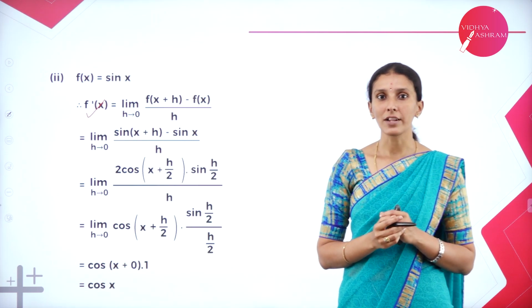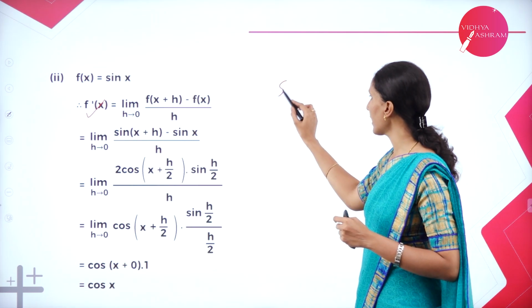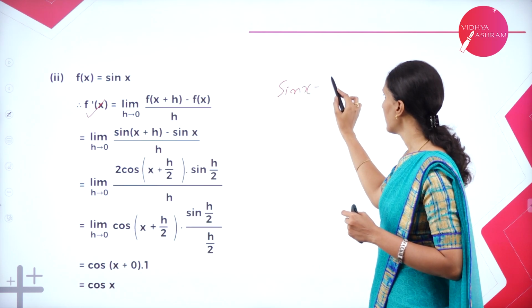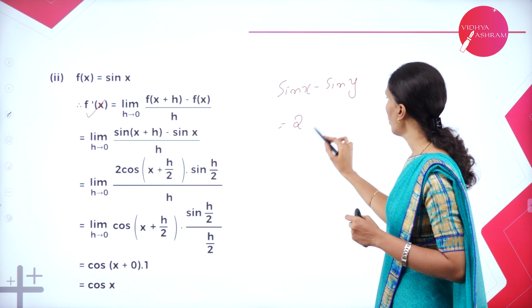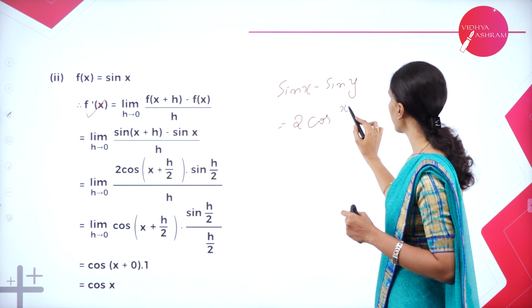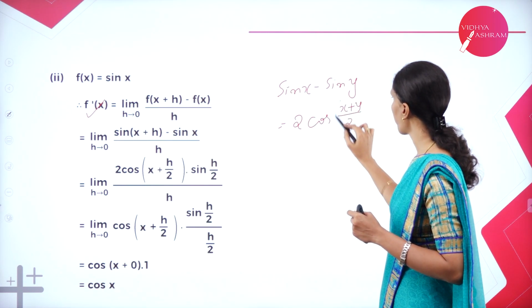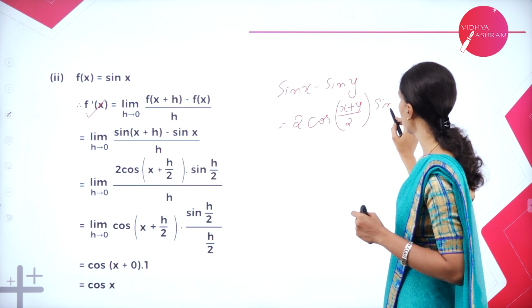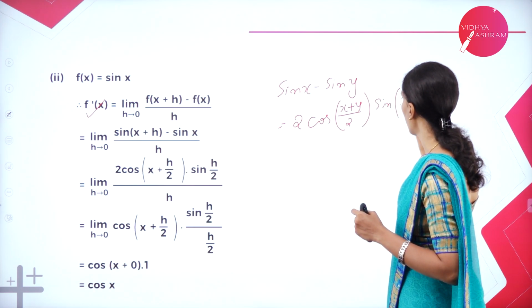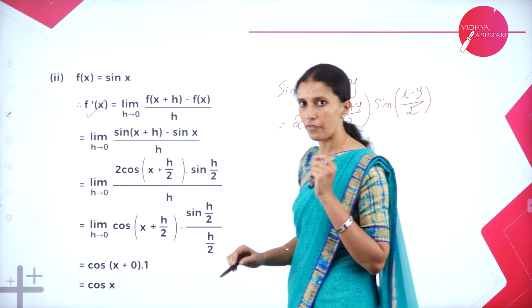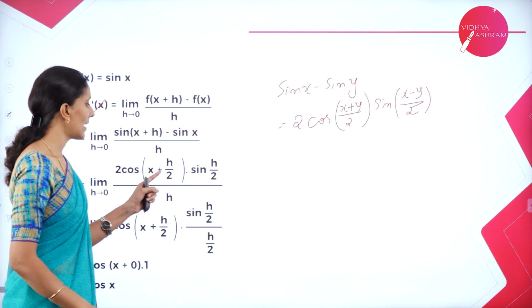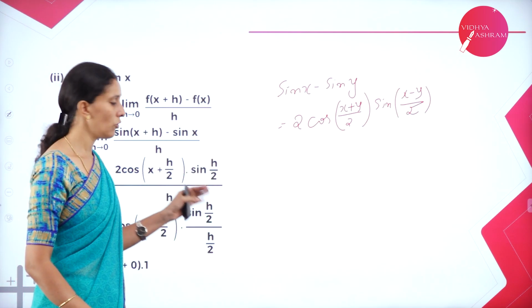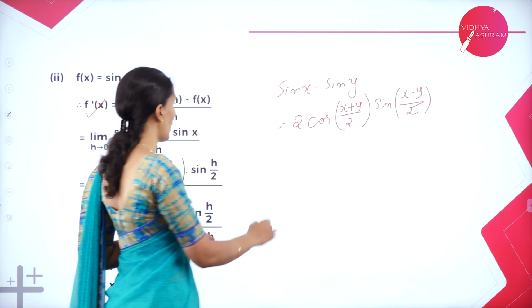Now using the transformation formula, that is sin x minus sin y. So sin x minus sin y is nothing but 2 cos x plus y by 2 and sin x minus y by 2. So using this transformation formula, you will get the next step, that is 2 cos x plus h by 2 sin h by 2. How you will get this? You can just verify here.